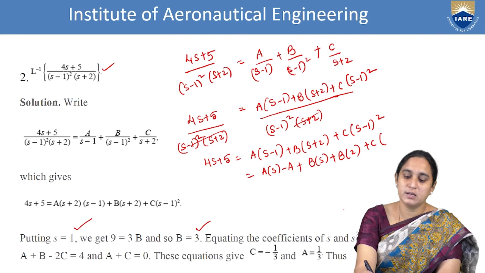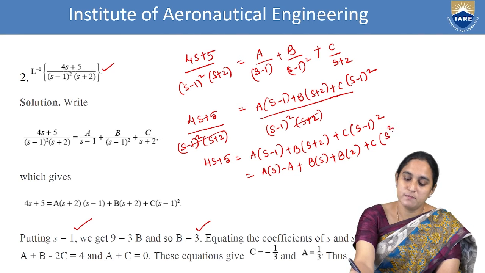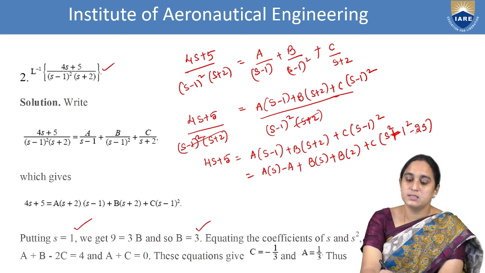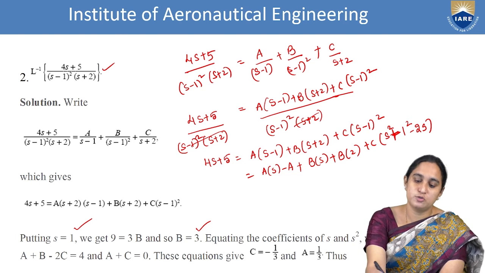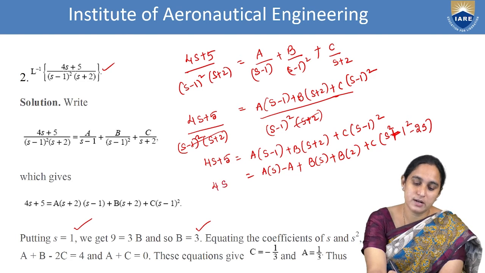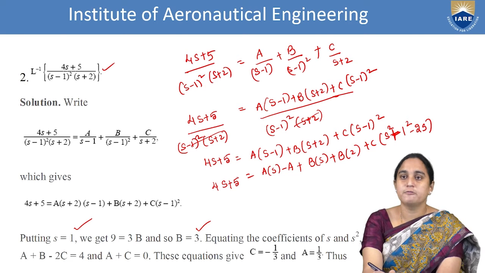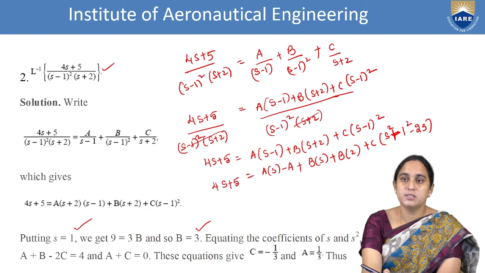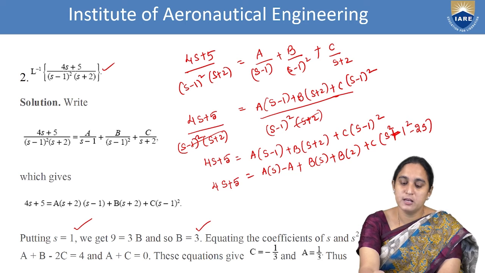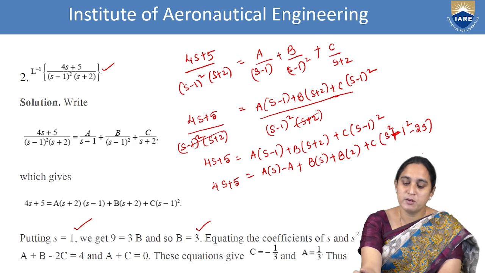That means what here? s square plus 1 square minus 2s. So 4s plus 5 is equal to a of s minus a plus b of s plus b of 2 plus c of s square plus 1 square minus 2s.